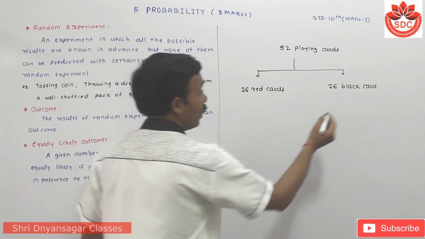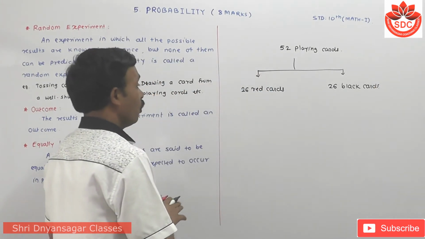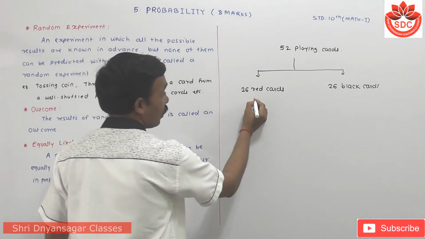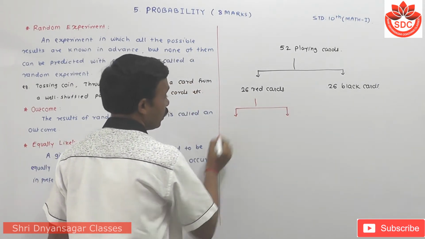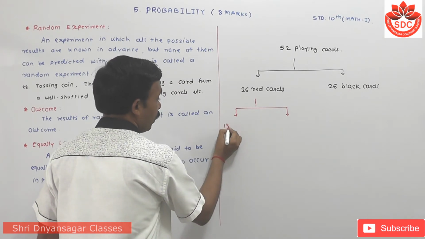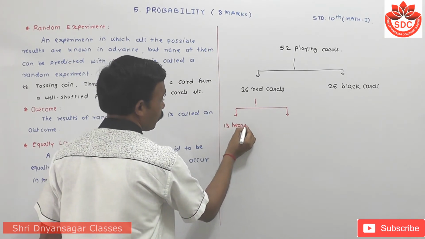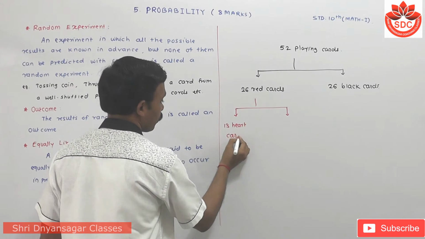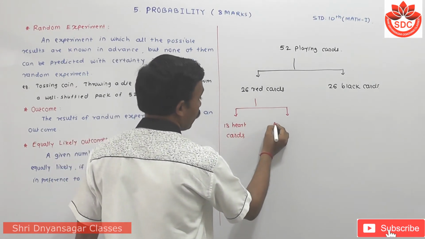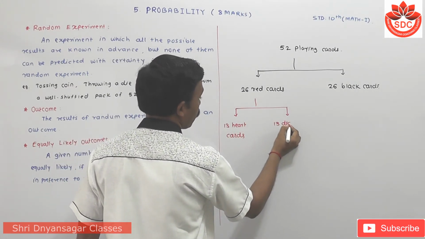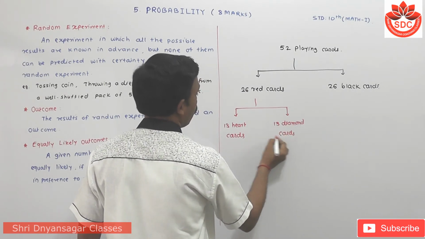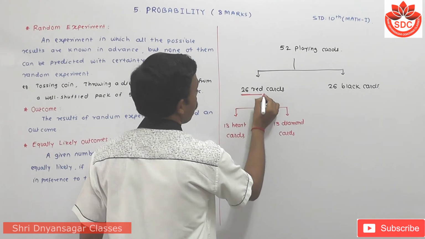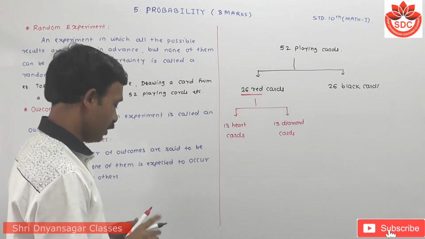Out of the red cards, there are again 2 parts: 13 heart cards and 13 diamond cards, which are the red cards. 13 plus 13 is 26.